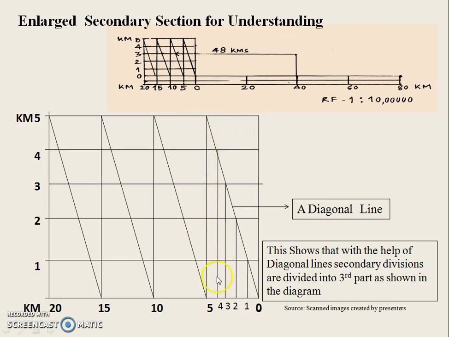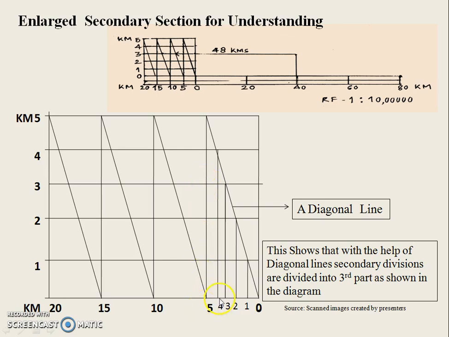In the given example, 1/5 portion is 1 kilometer, 2/5 distance is 2 kilometer, 3/5 is 3 kilometer, 4/5 is 4 kilometer, and at the end, one full is 5 km.